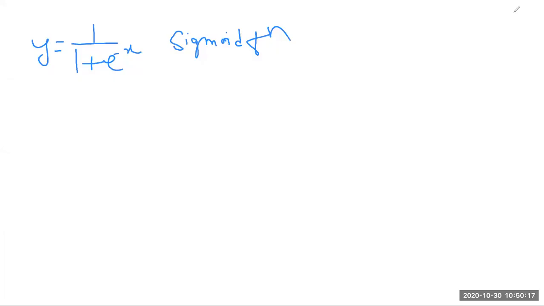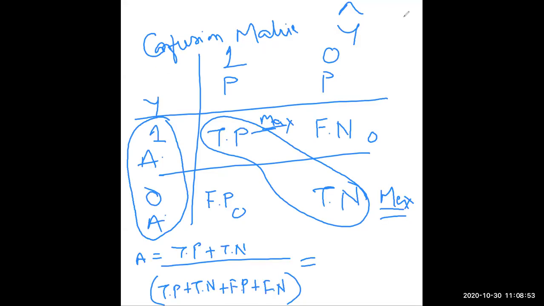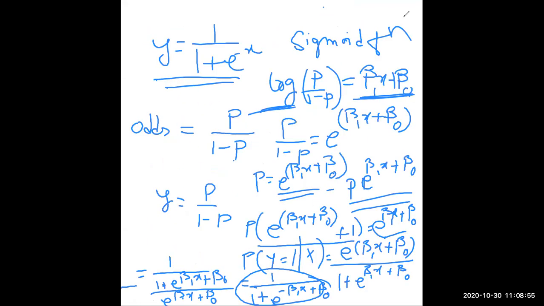Now, the sigmoid function is generally represented as y = 1 / (1 + e^(-x)). Just to give a glimpse of the derivation: you have y = p / (1 - p), so you take the log of p / (1 - p), that is, the probability of success upon the probability of failure.